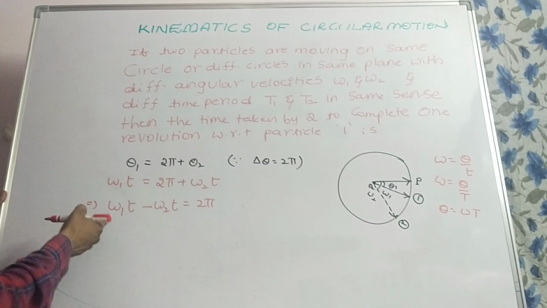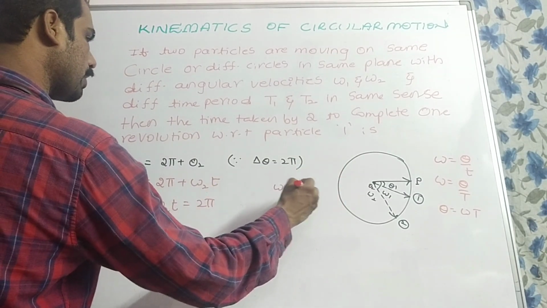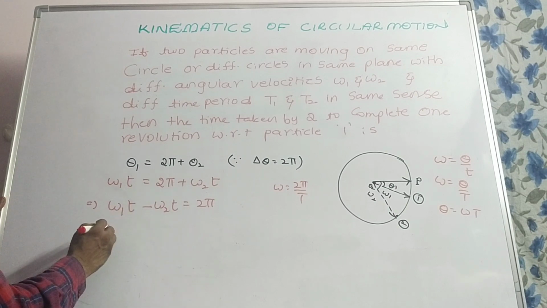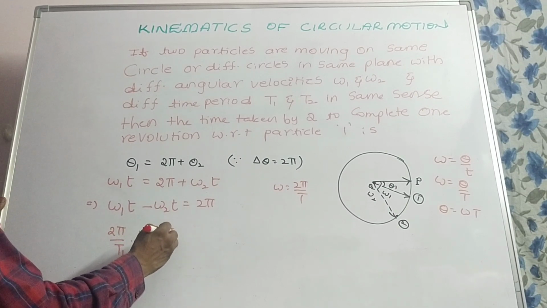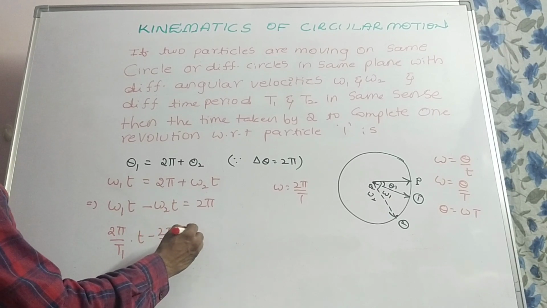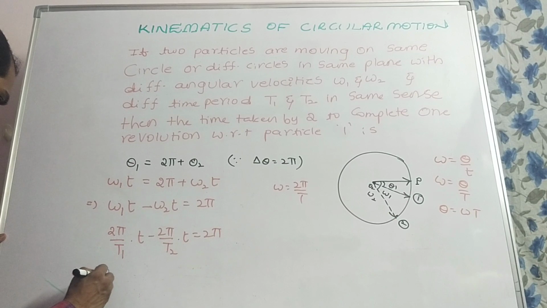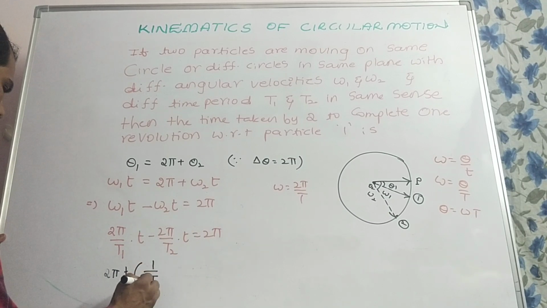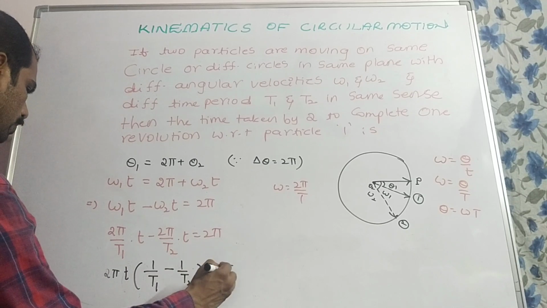Let us write omega equal to 2 pi by T. Then 2 pi by T1 into t minus 2 pi by T2 into t is equal to 2 pi. I can write 2 pi t into (1 by T1 minus 1 by T2) is equal to 2 pi.